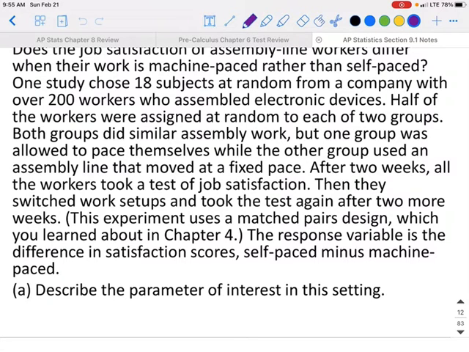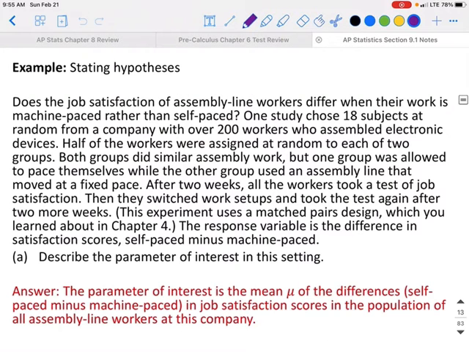The response variable is the difference in satisfaction scores of self-paced minus machine-paced. Describe the parameter of interest in this setting. So the parameter of interest is the mean of the differences of self-paced minus machine-paced in job satisfaction scores in the population of all assembly line workers at this company.